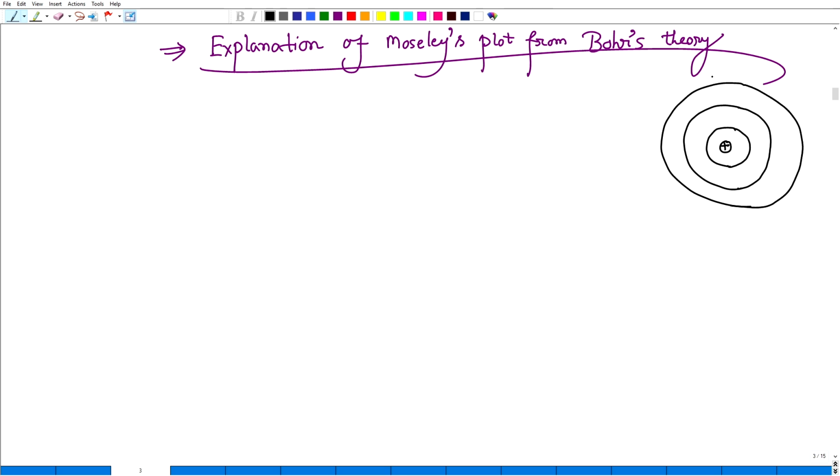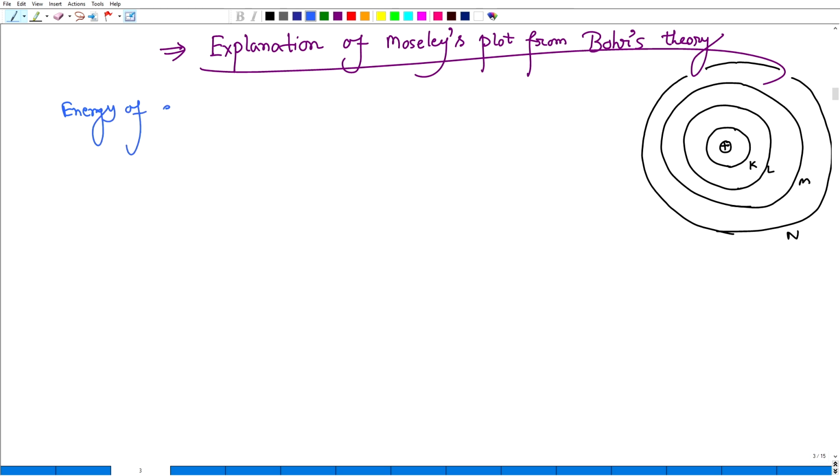There are other levels as well, but we are interested only in K, L, M, and let me draw one more, this is N. According to Bohr's atomic model, what was the energy of the electron? The energy is En, which is minus RCH by n square, where R is the Rydberg constant.